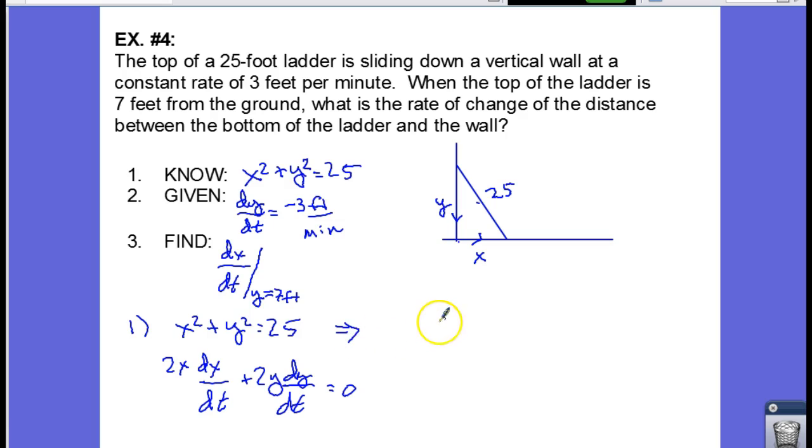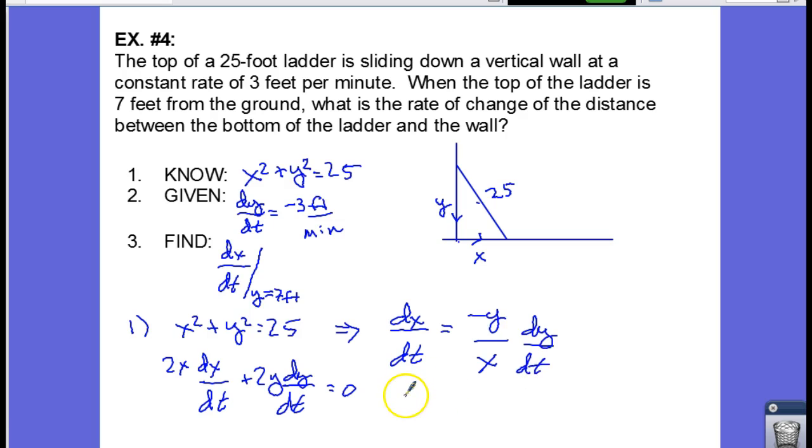And if we subtract the dy/dt term, then divide through by 2 and by x, we can solve for dx/dt. So dx/dt is going to be equal to, the 2's cancel out, negative y divided by x times dy/dt.